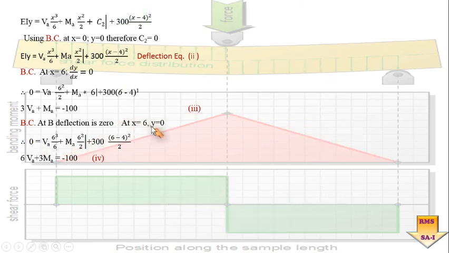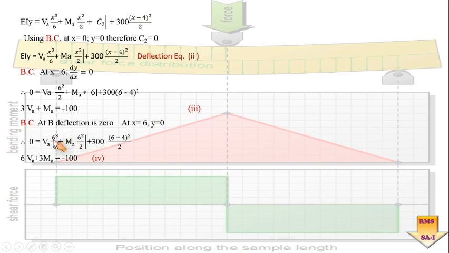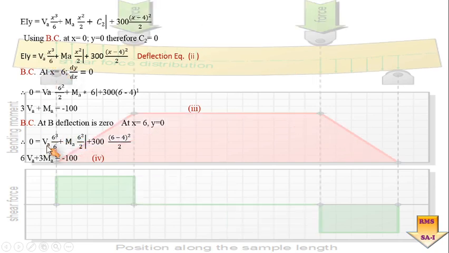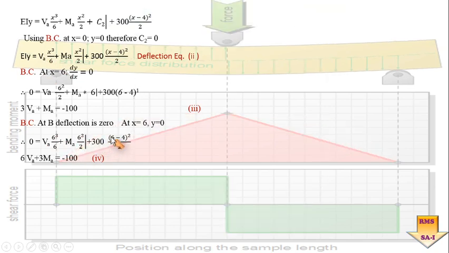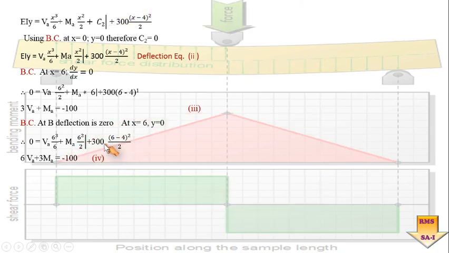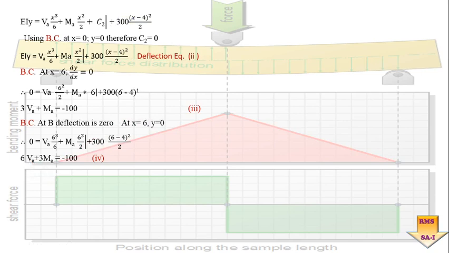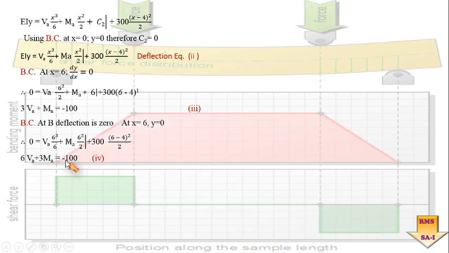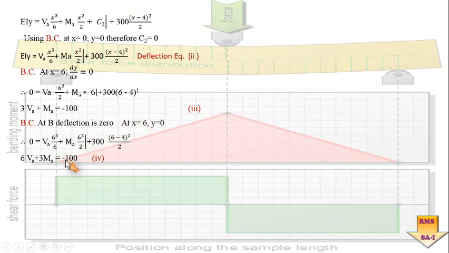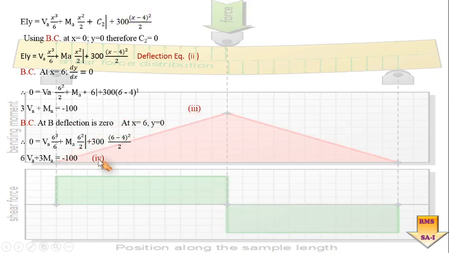Putting x is equal to 6 here in this equation: VA 6 cube by 6 plus MA 6 square by 2 plus 300 in the bracket 6 minus 4 raised to 2 divided by 2. Simplifying this, you come across a new equation number 4, that is 6VA plus 3MA is equal to minus 100. So obviously you might have understood by this time we have equation 3 and equation number 4.